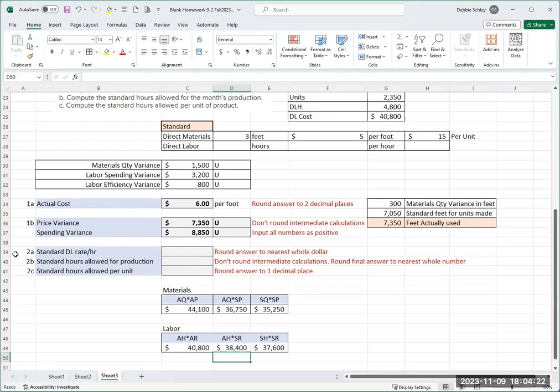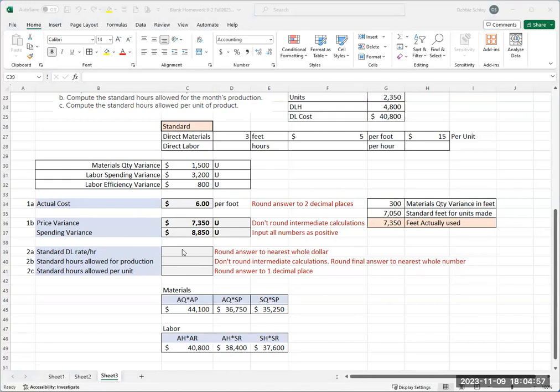Now I can answer the standard direct labor rate per hour, which would be, let's see, equals the direct labor hours divided by, hold on a second, let me double check that. I went the other way around.